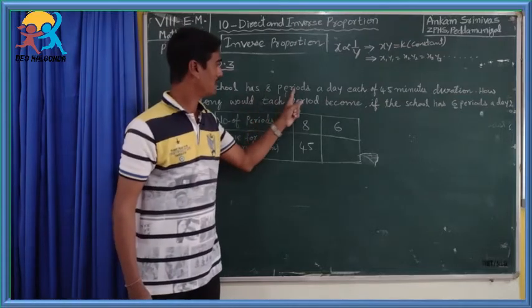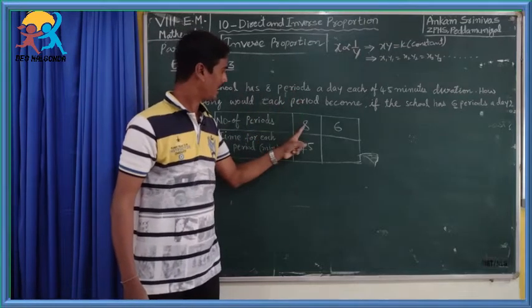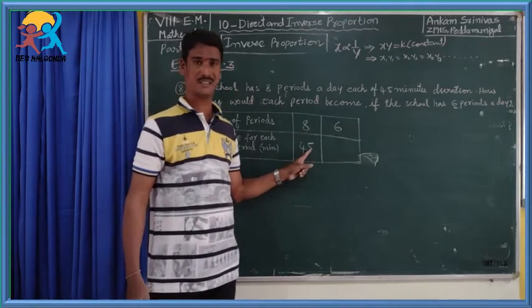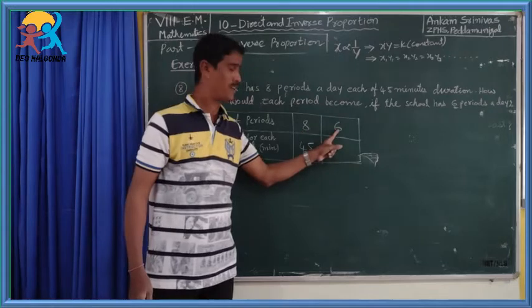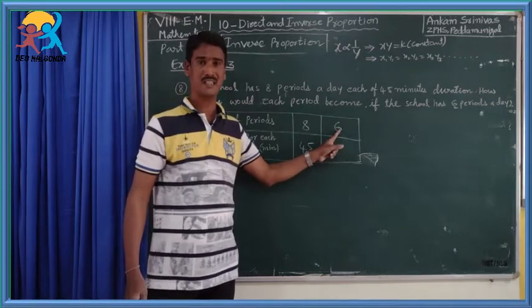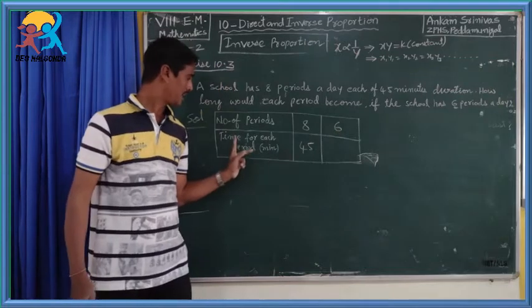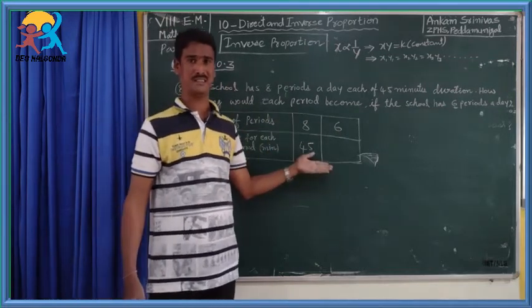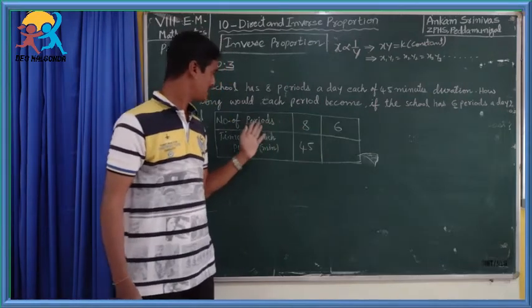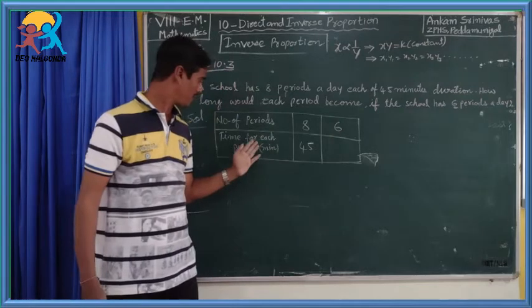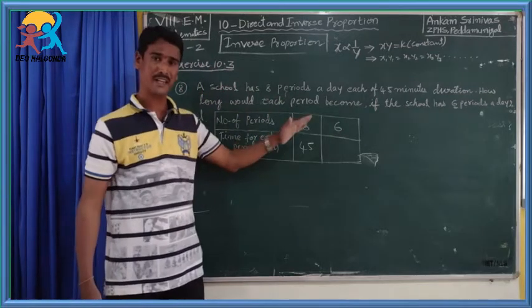If the number of periods is 8, each period is 45 minutes. Here the number of periods is decreased from 8 to 6. Then what happens? The time for each period will increase. So with fewer periods, the time of each period will increase.